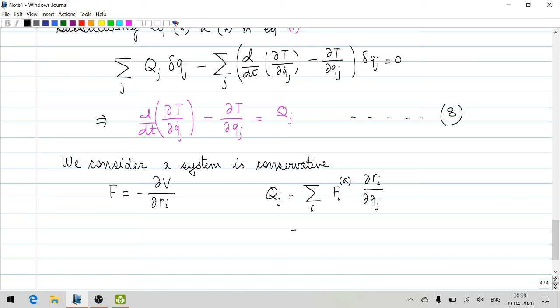So substituting over here, I get summation over i minus dou V on dou Ri, dou Ri on dou qz. So which implies that this is equal to minus dou V upon dou qz, since the i term gets cancelled out there, there is no requirement of summation.